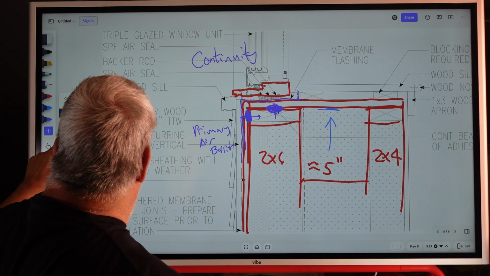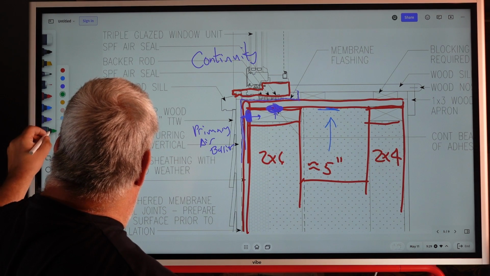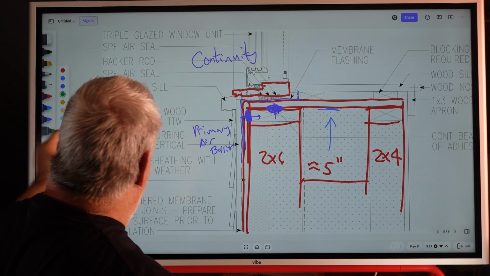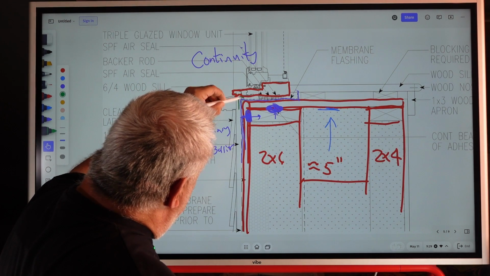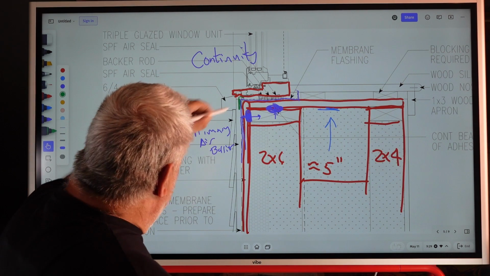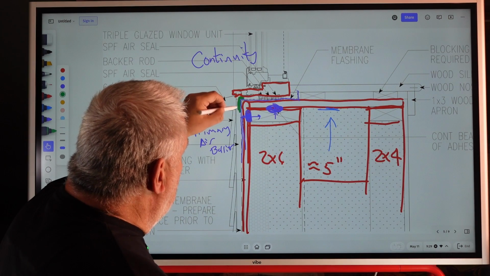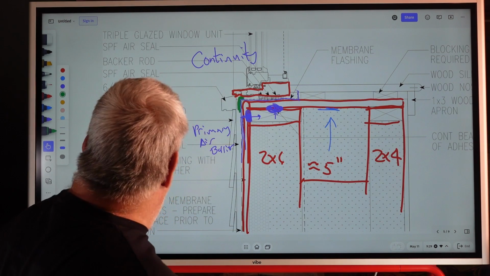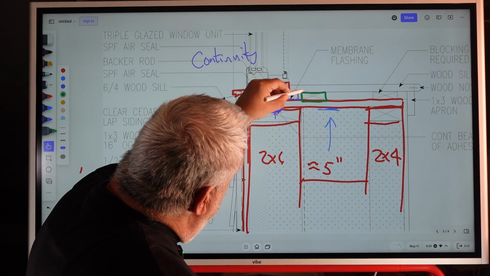Grab a new pen here, grab a green one. Notice this window, because it's an outie, it actually has a flange. And the flange goes out over that membrane, and that membrane turns up.